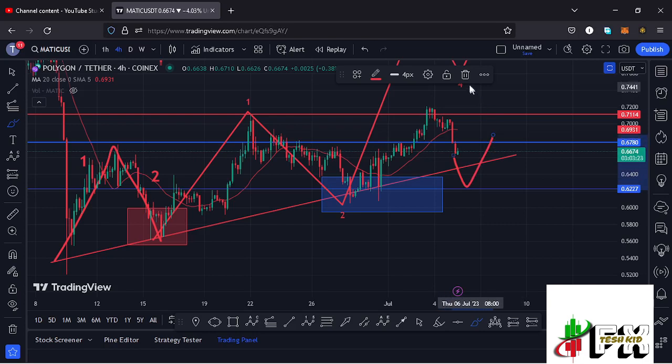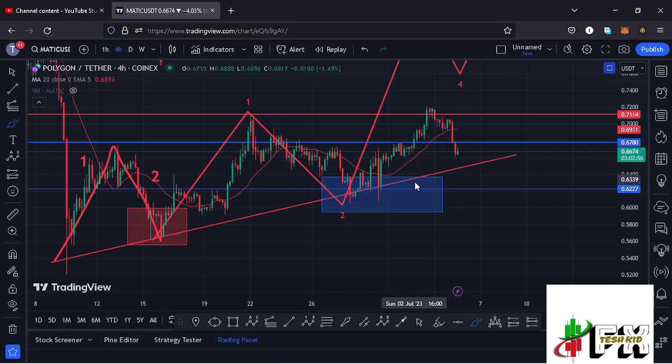In case we lose that key area of support and continue seeing further breakdown, then we can expect Matic to give us one more leg down within this blue target area in the formation of this wave 2, and maybe give us a reset of the low for the second wave before we can start gearing up in the formation of that wave 3.